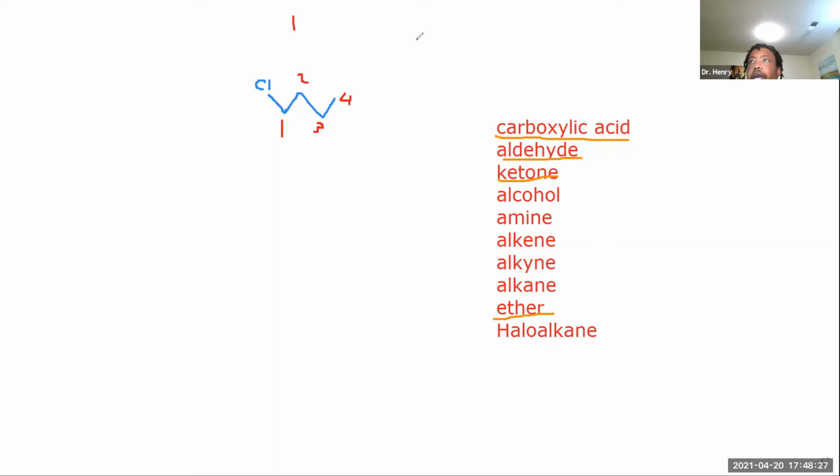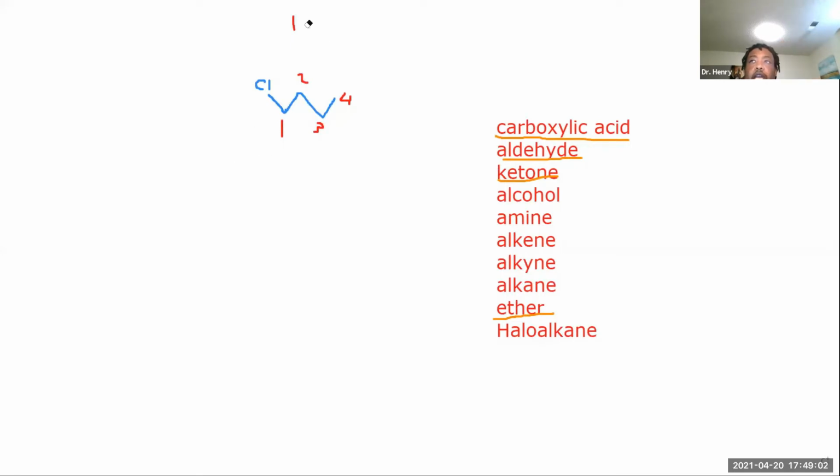Okay, so I see there's a question. Destiny asked the lowest part of what? So this is basically the priority list. When we look at the functional groups, it lets us know where it stands in terms of the priority list, how we're going to name it.